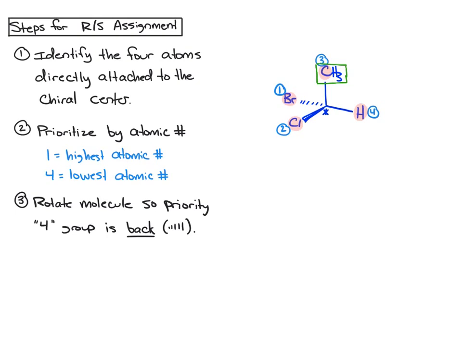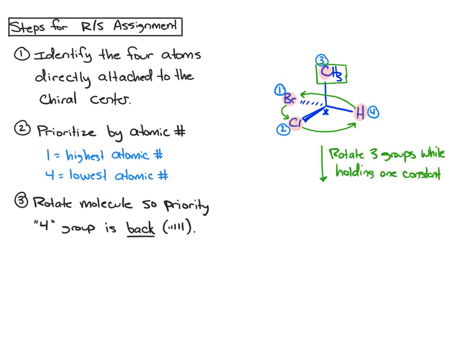So what I'm going to do to get the hydrogen priority 4 to the back, I'm going to rotate it to here, the bromine out to the front, and the chlorine over here into the plane.